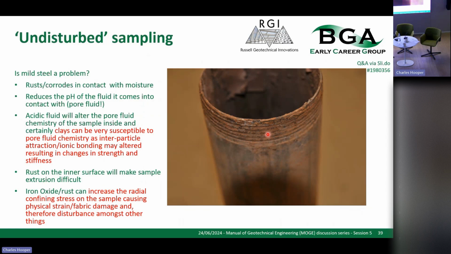In the picture, you can see that these mild steel tubes quite clearly corrode and rust on contact with water. Drillers are supposed to use brand new tubes, but this is basically what happens to the tube. Depending on the environment it's stored or used in, it will corrode.